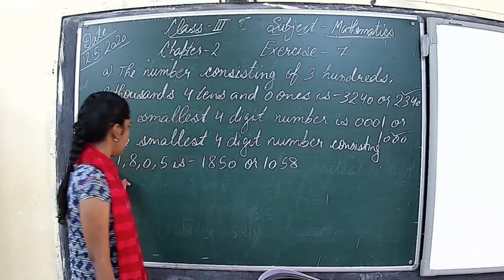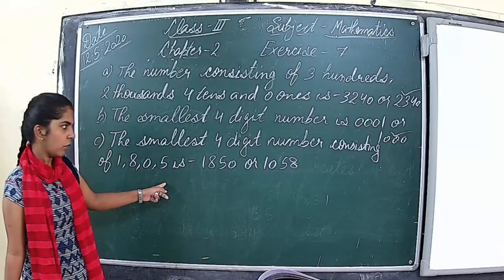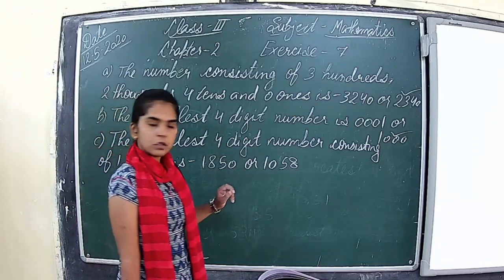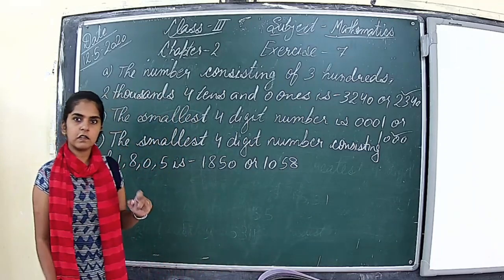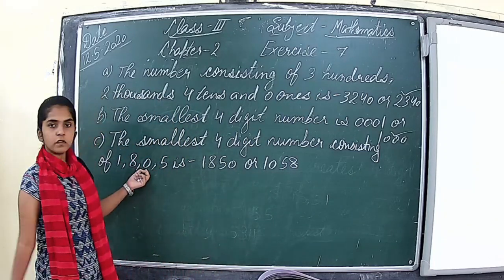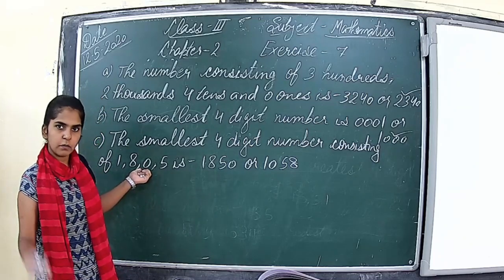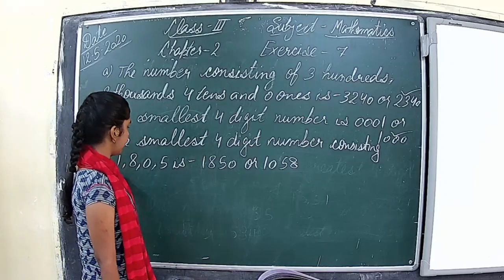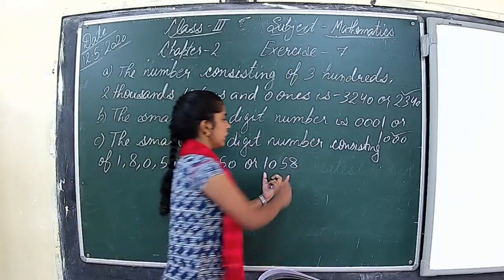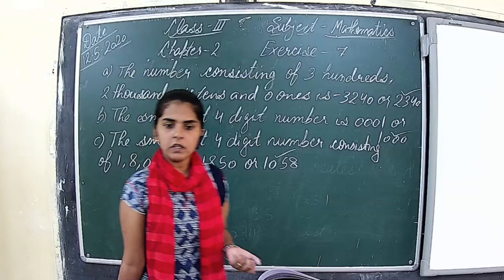Now see, the digits are 1805 and we want to form the smallest number. It means we have to arrange the digits in ascending order. 0 is the smallest digit. We cannot start a number with 0. The next smallest digit is 1. So the number should be 1058. That is this one, 1058.